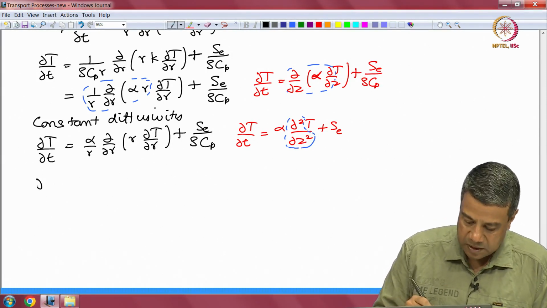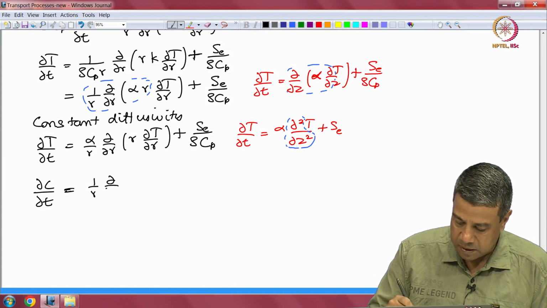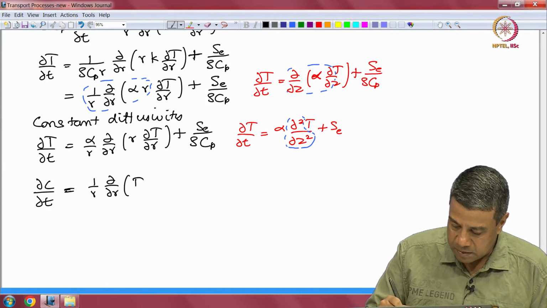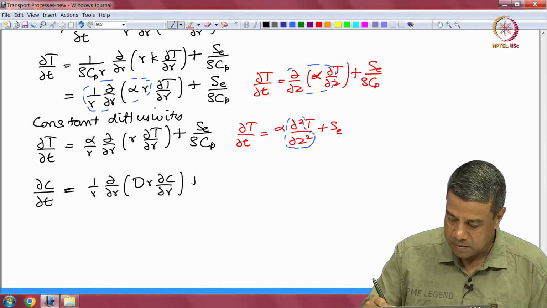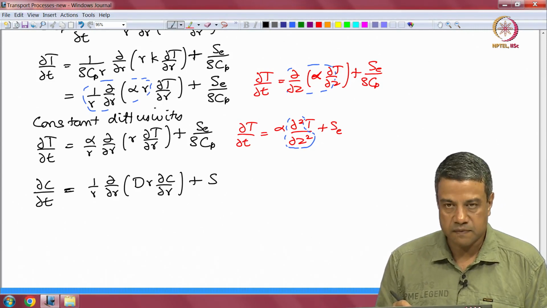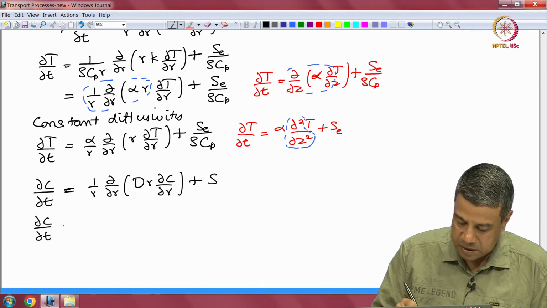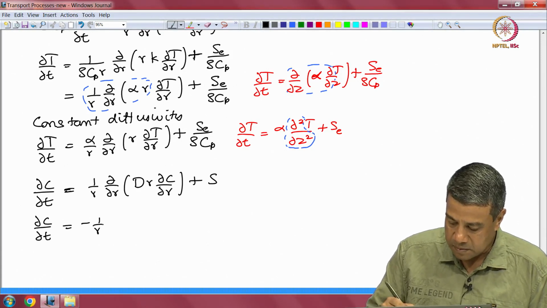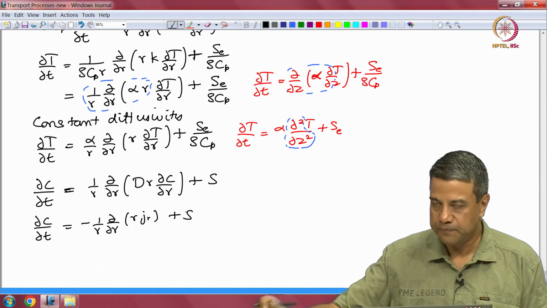And you will get partial C by partial t is equal to 1 by r d by dr of the diffusion coefficient times r partial C by partial r plus S. That is when expressed in terms of the concentration field. If you express it in terms of the flux, you will get partial C by partial t is equal to minus 1 by r d by dr of r times J_r plus S.